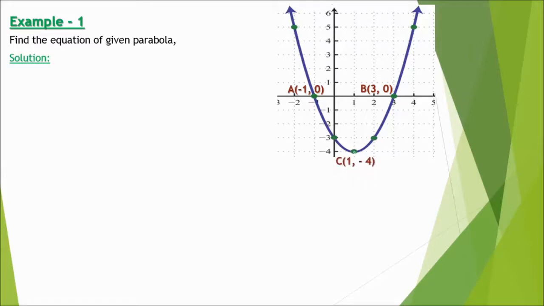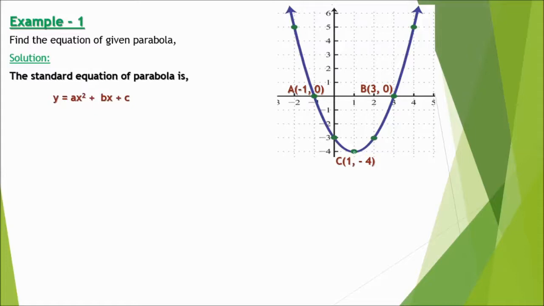Okay, I'm using the vertex point, but I'm not using it as a vertex. I'm just using it simply as a point which lies on the parabola. The parabola passes through this point. You can take any other point also. So these are the 3 points, and we have the standard equation of parabola. Always remember, the standard equation of parabola is y is equal to ax square plus bx plus c.